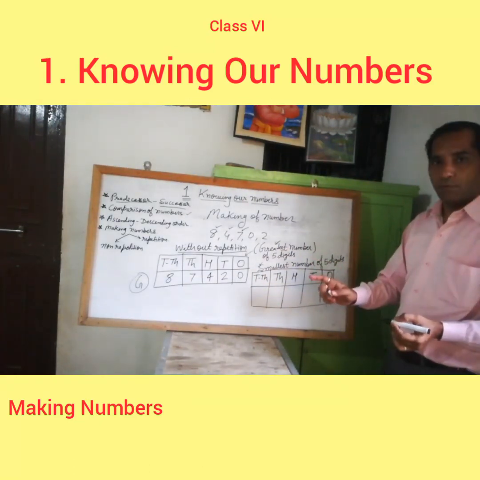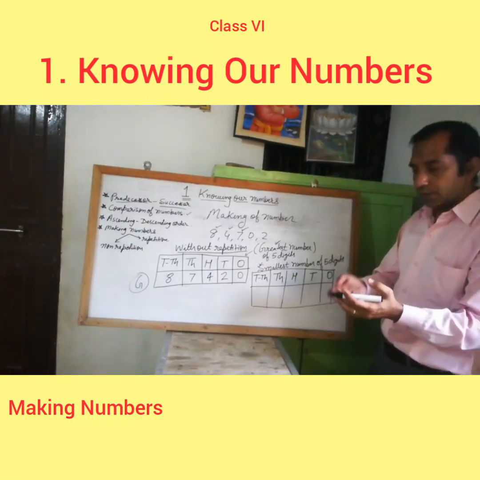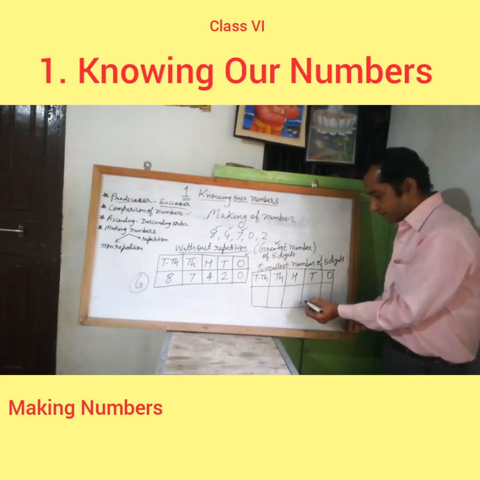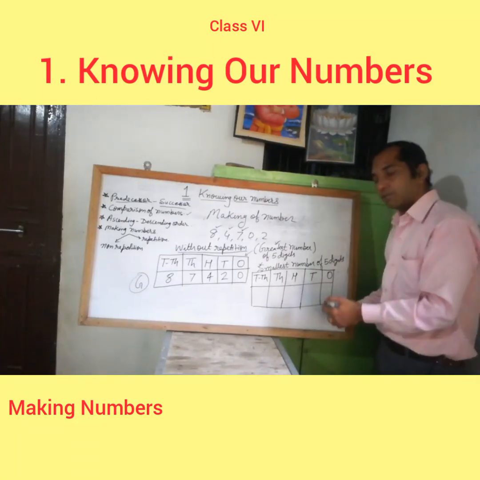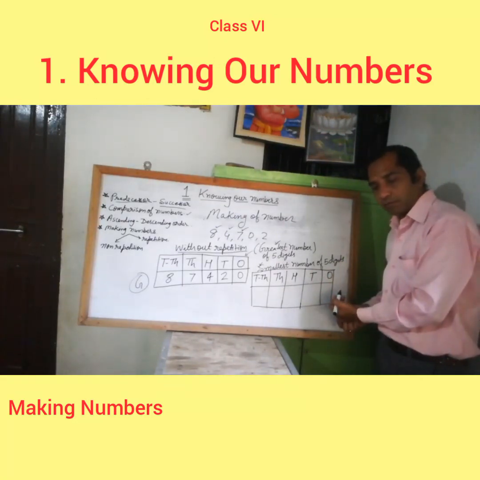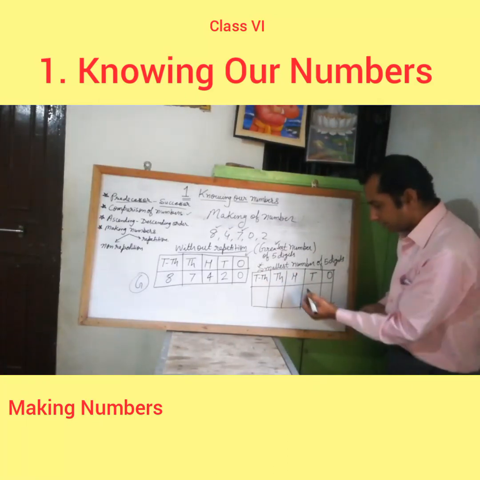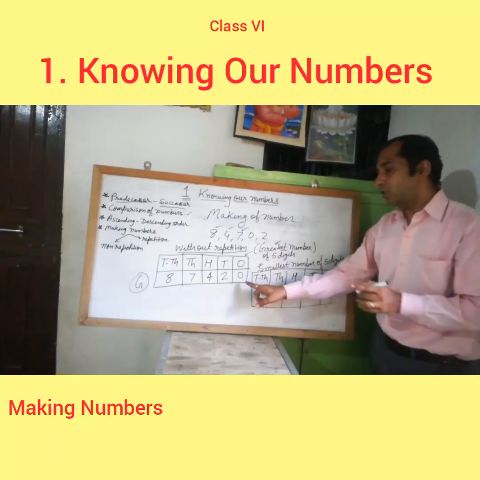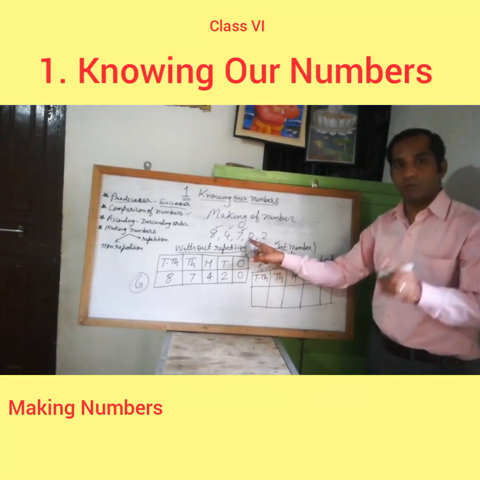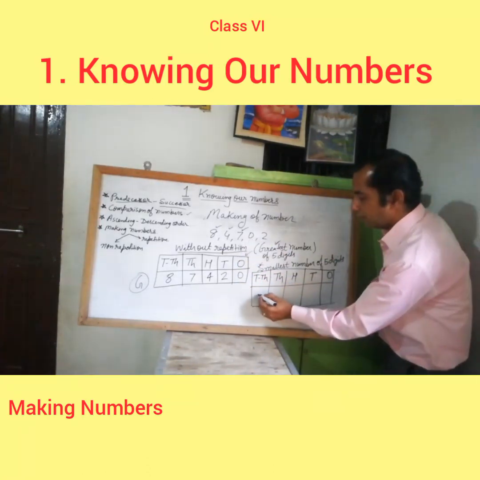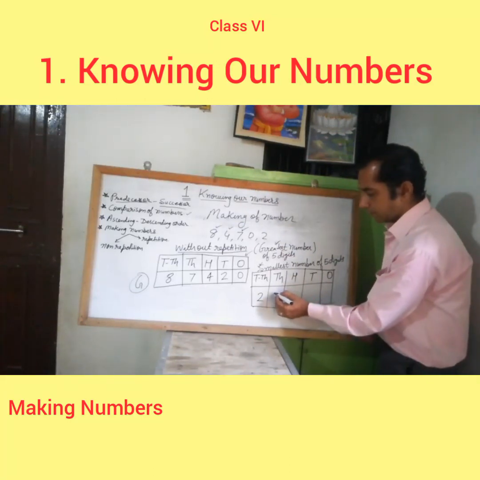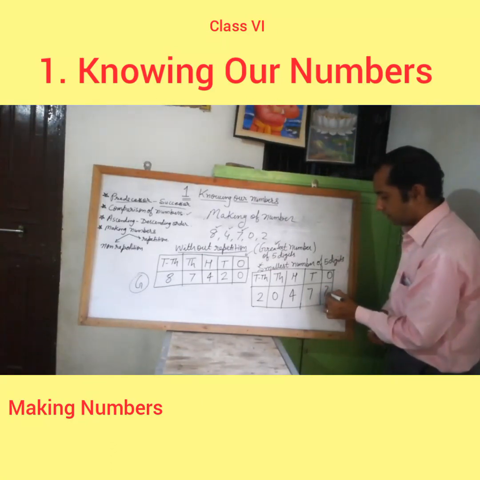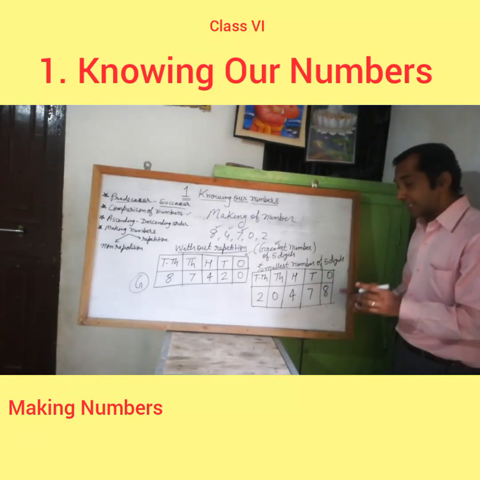You have to write the smallest number first. You can write from the left-hand side also. Don't write 0 as the first number. We write 2 first, then 0, 4, 7, 8. Clear? This is the smallest number.